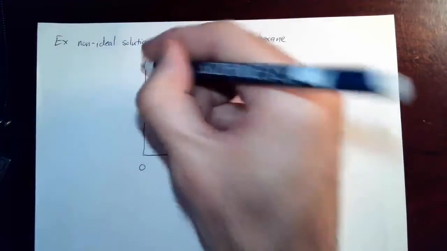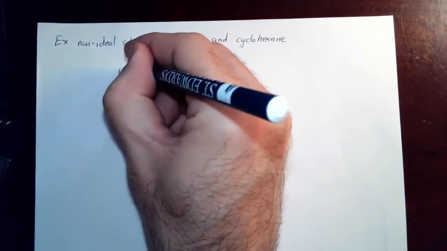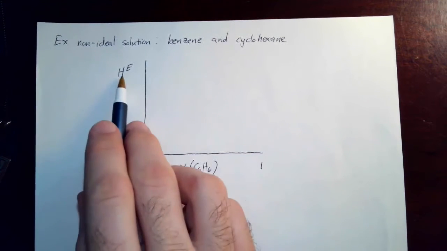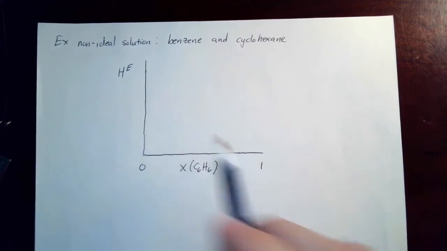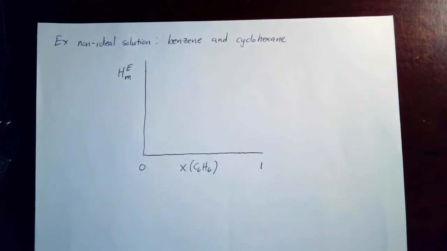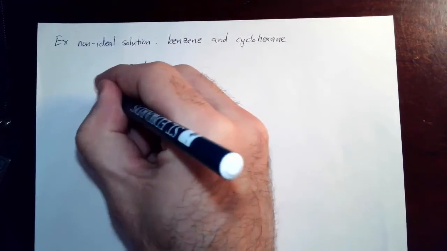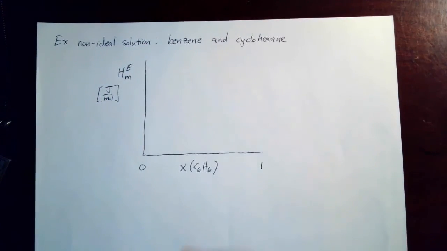And on the vertical axis, I'm going to put the excess enthalpy. Remember, this would be 0 if it was an ideal solution. And we'll see here that the data shows that it is not 0. I'm actually going to make this the molar enthalpy, so this is going to be in joules per mole on the vertical axis.